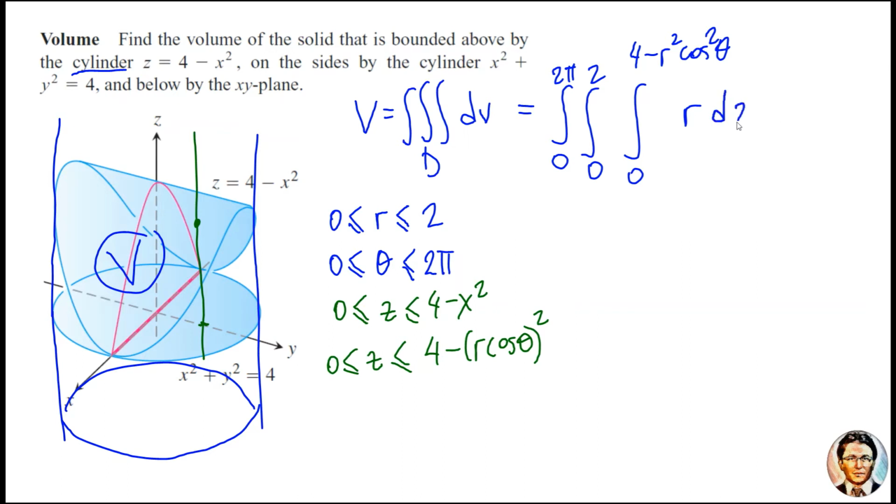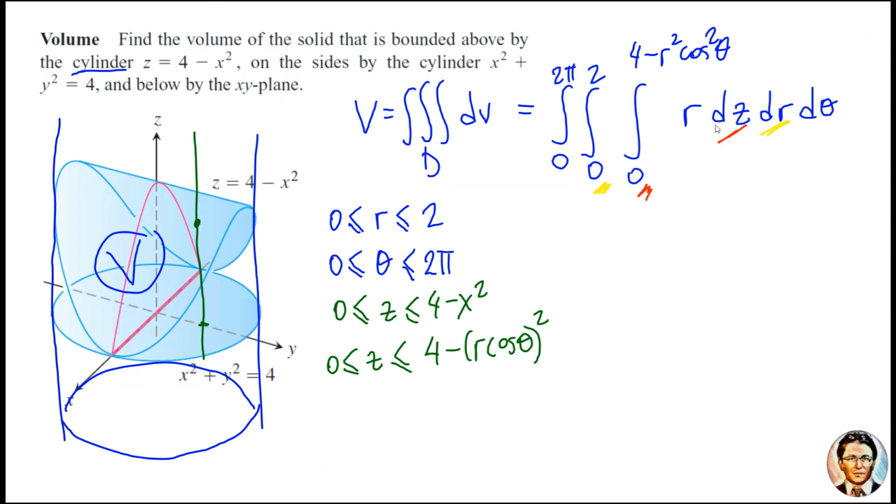So I will say dz dr d theta, because as you see, z is the first variable for this integral, r is the second, and theta is the last variable.